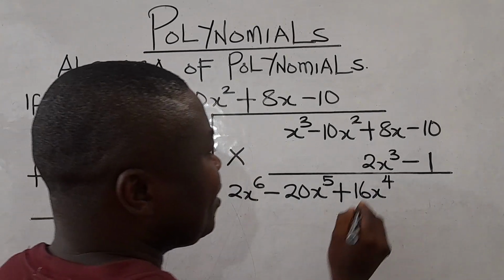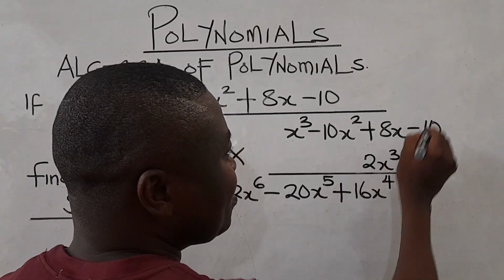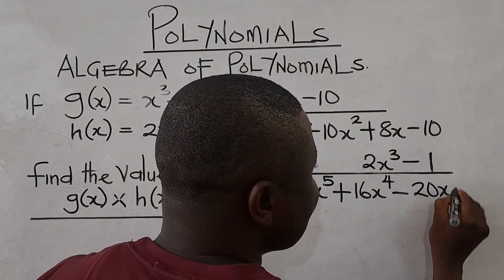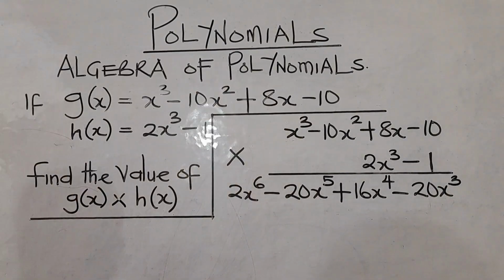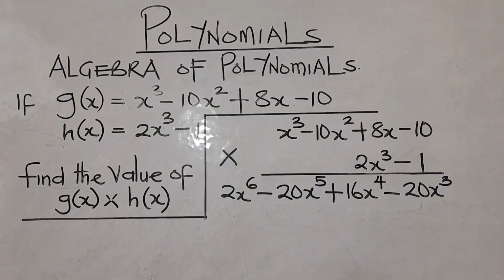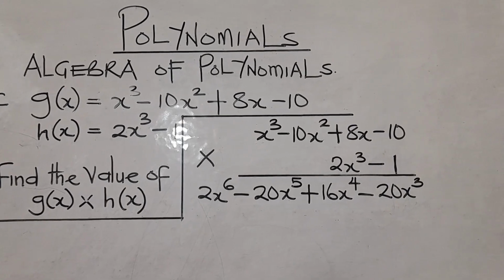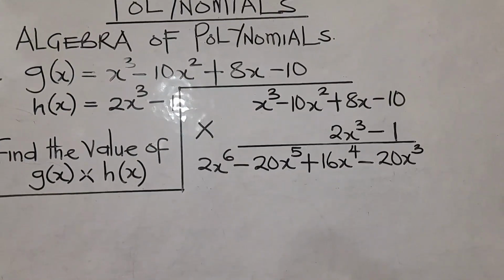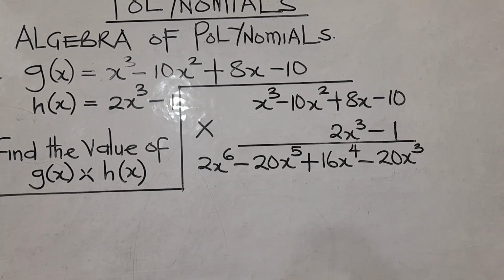And here, 2x cubed times negative 10 is negative 20x cubed. Wow, it's becoming interesting. Let me adjust this. Okay. Now this.